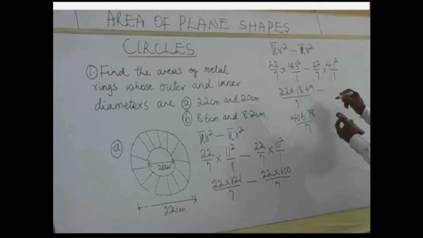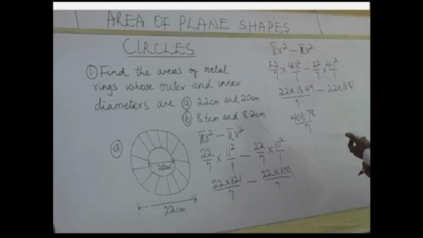Let's break it down first. 4.1 times 4.1 is giving me 16.81, all over 7. When I multiply it by 22, it will give me 369.82 all over 7.